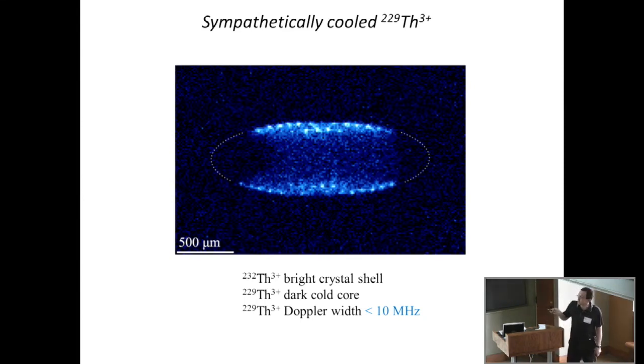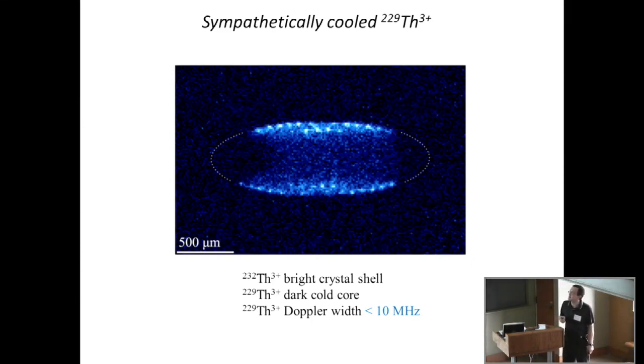But it did work, and we got better at it, and it became faster, although never, of course, as fast as you would do for a pure sample. What we see after a successful attempt is a bright crystalline shell of thorium-232 on the outside, and a dark core of thorium-229 inside. And at that point, the ions are at a few Kelvin.